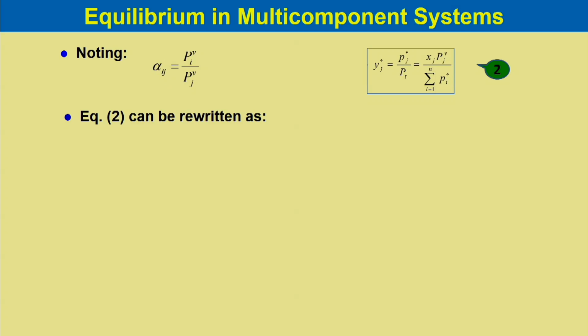Here alpha ij is the relative volatility of component I with respect to J, that is, vapor pressure of component I divided by the vapor pressure of component J. So, in that case we can write this equation as Yj* would be equal to Xj divided by (1 by Pj^v) summation over i = 1 to n of Xi Pi^v.